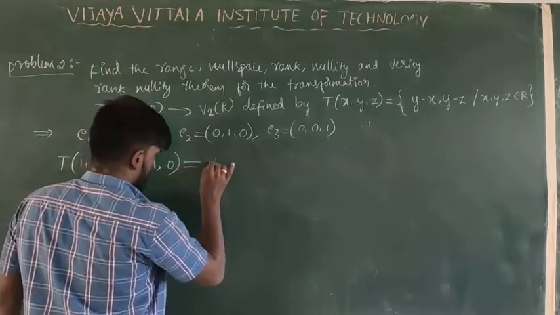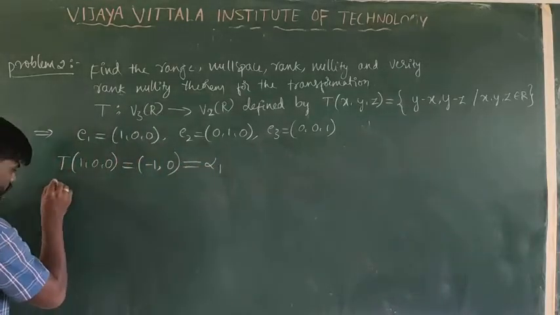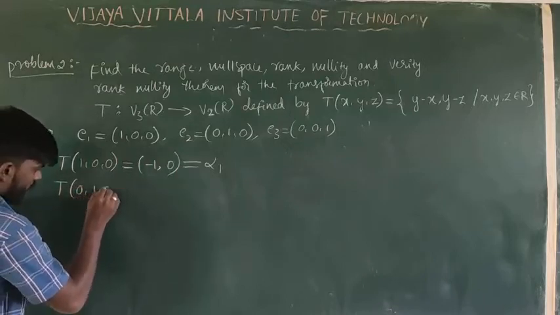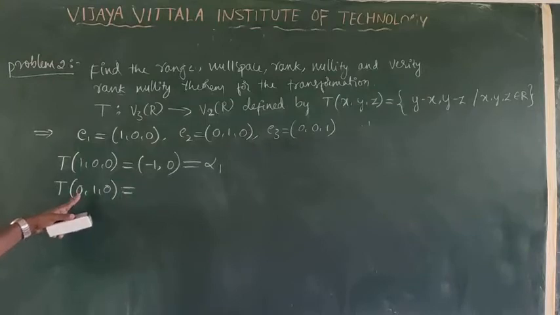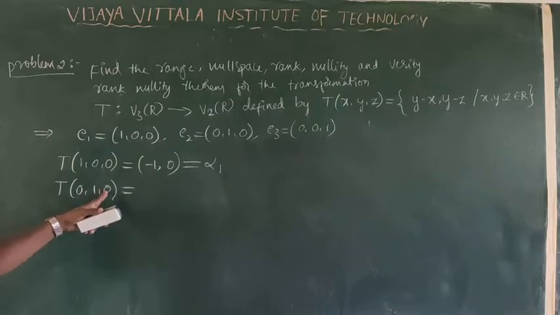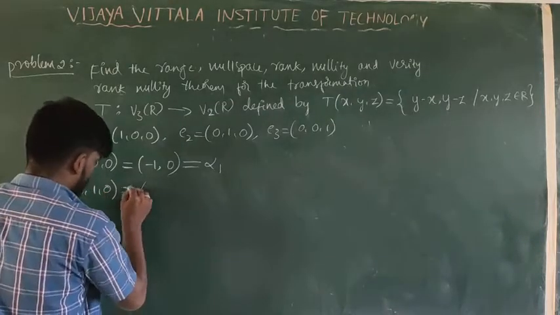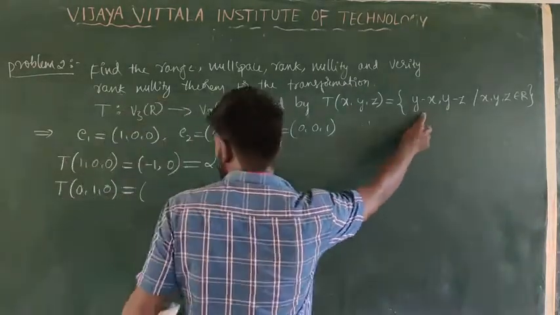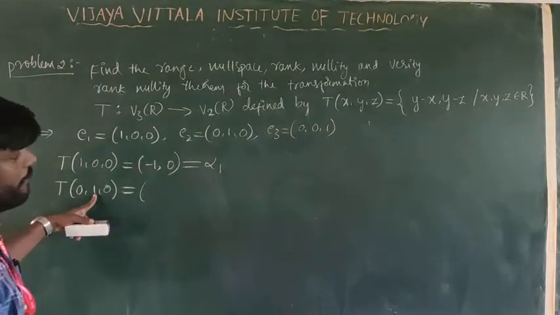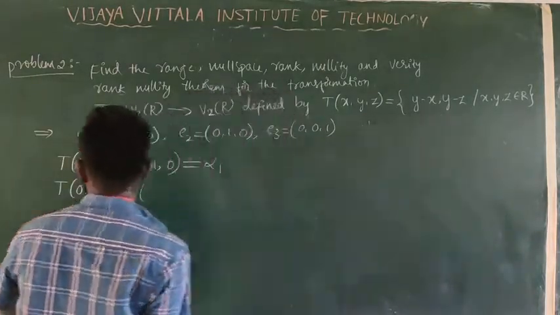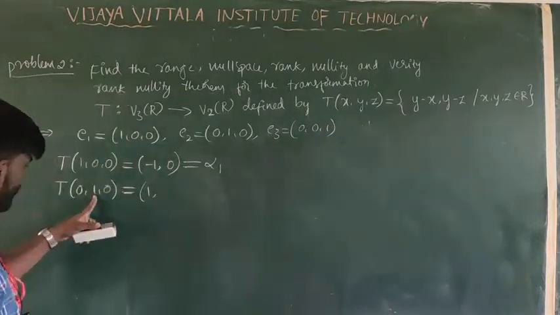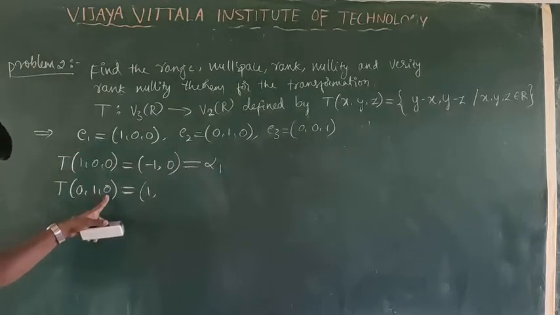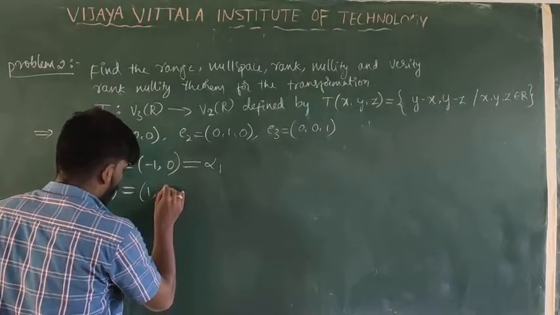We name this equation 1. And T of (0, 1, 0): in place of x substitute 0, in place of y substitute 1 and in place of z substitute 0. We get y minus x, 1 minus 0 gives 1, comma, y minus z, 1 minus 0 gives 1.